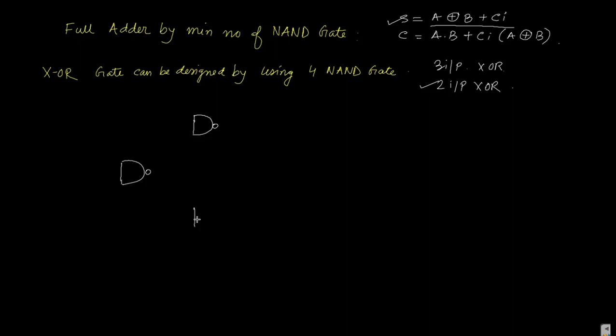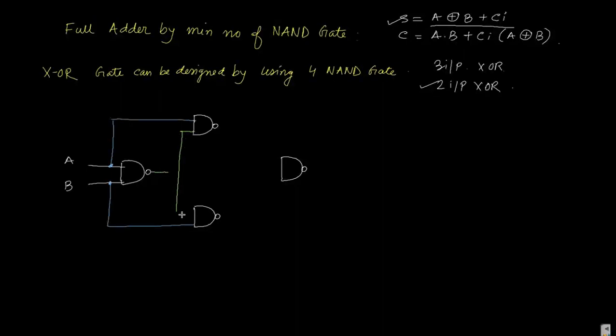You just see the position of the NAND gates which you are taking. Here the input is A and B. Now A is fed to the second NAND gate, and B is fed to the third NAND gate. Now changing the color, the output of the first NAND gate is fed to the second and third NAND gates.